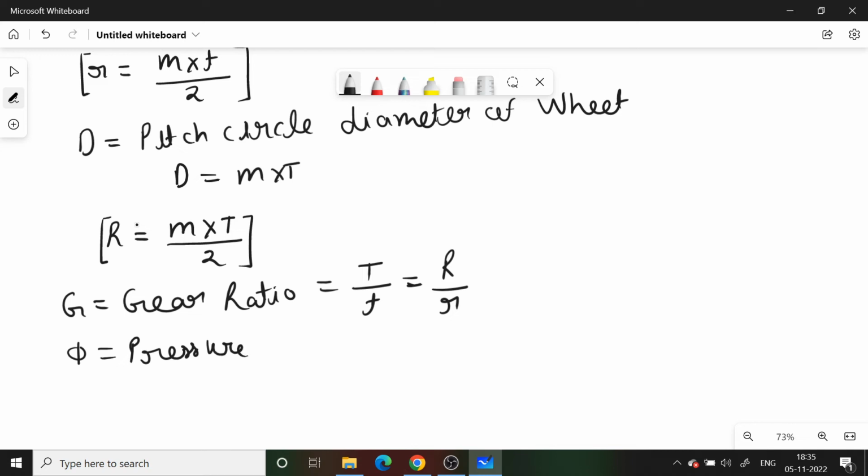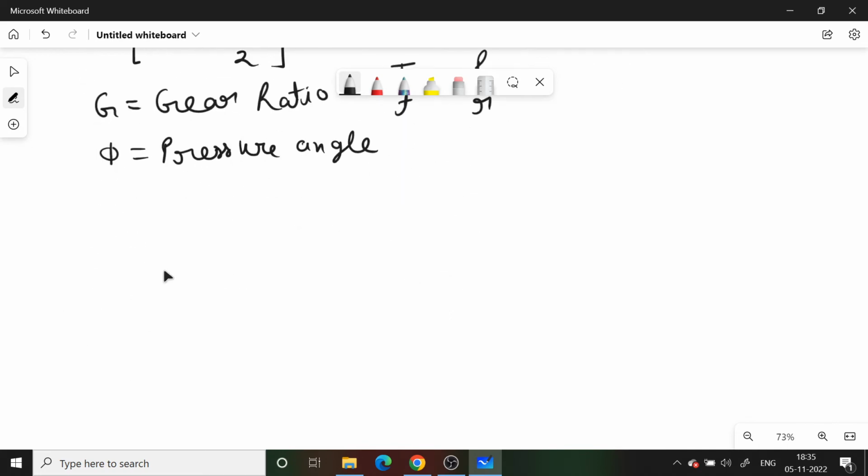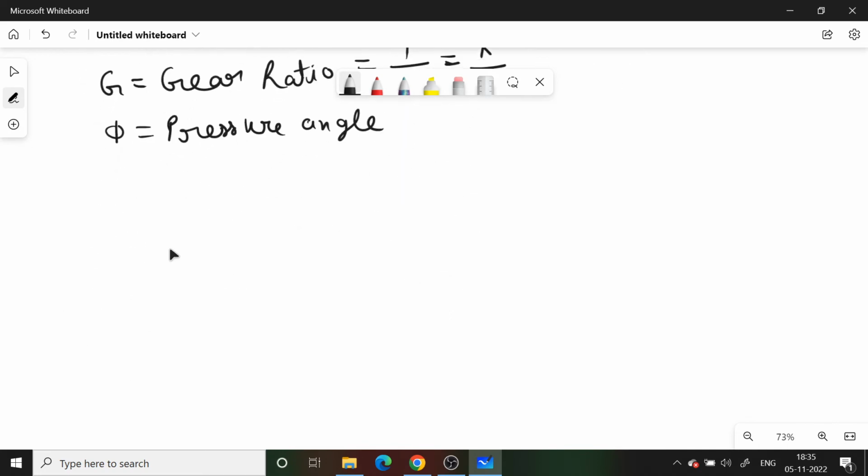Pressure angle. Now, the point Q is the center of the pinion, whereas point O is the center of the wheel, as I already told you. From triangle MPQ, what is the triangle MPQ?